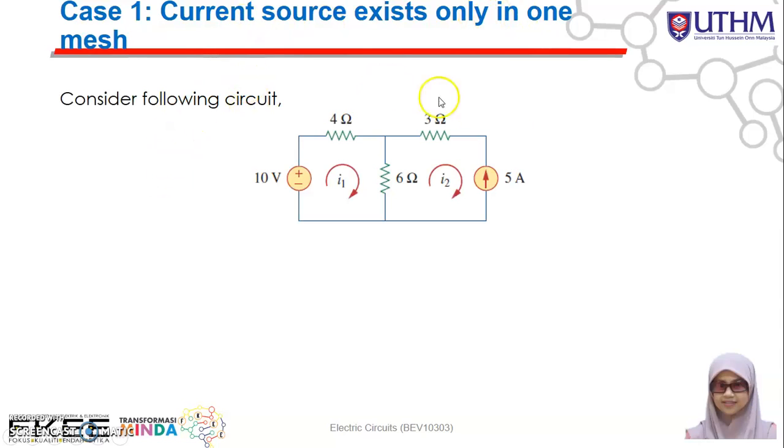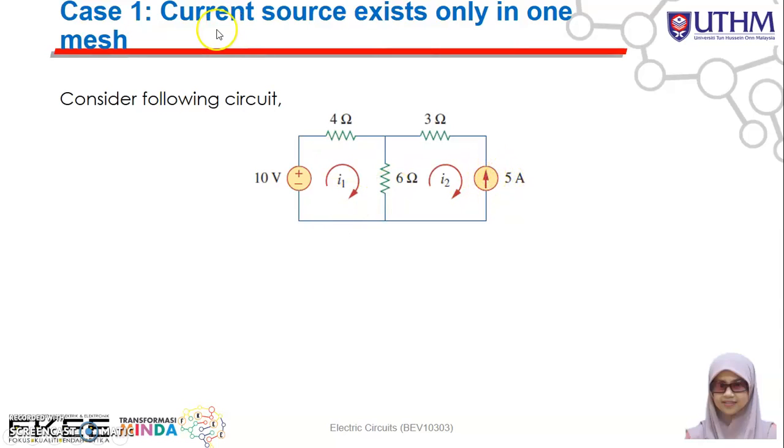Let's consider the following circuit where you have a supply connected to a combination of resistors, and then you have a current source in the second mesh. Here you have the first mesh, here you have the second mesh. The first mesh doesn't have the current source, but your second mesh has the current source here.